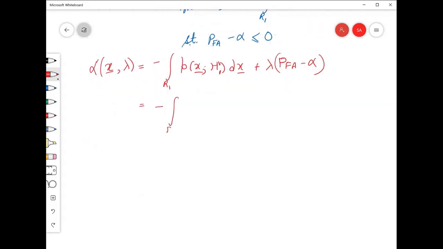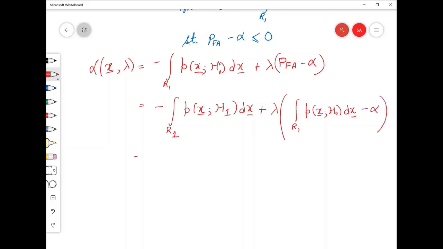So this becomes minus integral over R1 of probability of x given H1 dx plus lambda times PFA, which is integral over R1 of p of x given H0 dx, minus alpha.